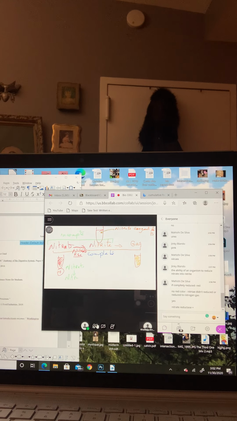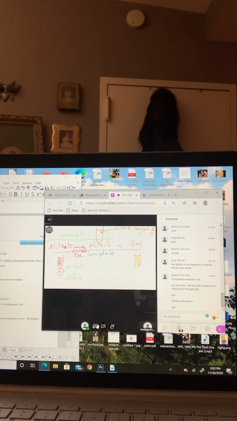Because the nitrite is present, it reacts with the reagents A and B and makes this red color. So here we have the presence of the nitrite.